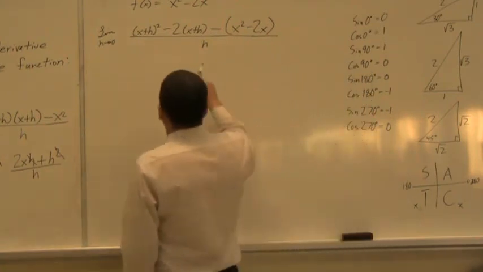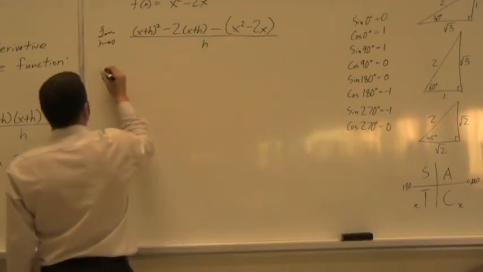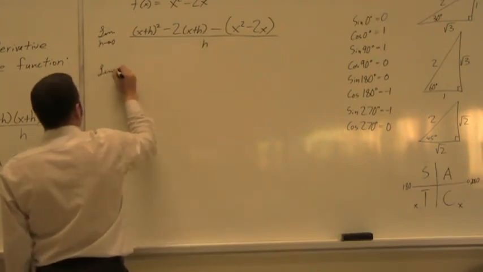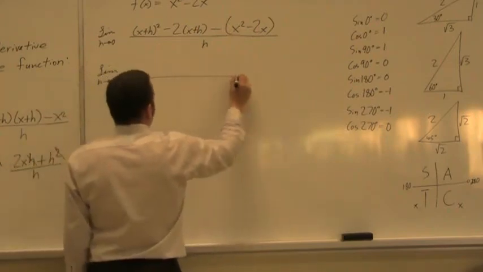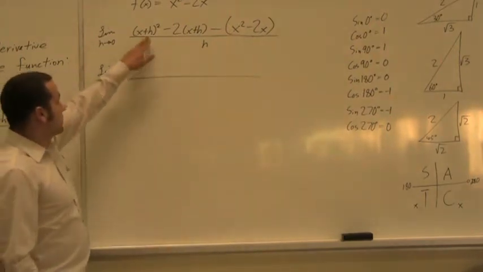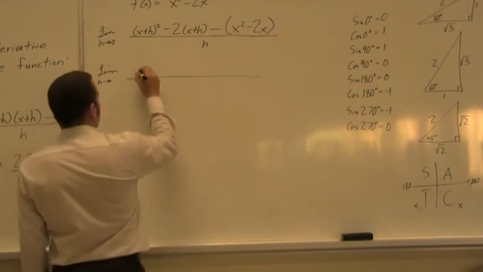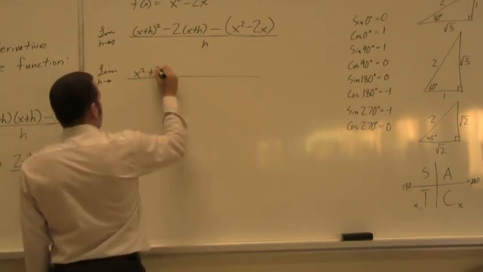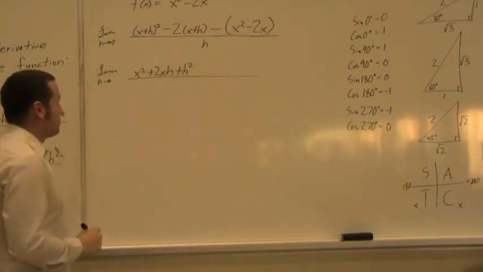So again, we have to do some algebra here. Multiply this out, multiply this out. Well, we know already from the previous example what you get when you multiply x plus h out by itself. You get an x squared plus 2xh plus h squared.